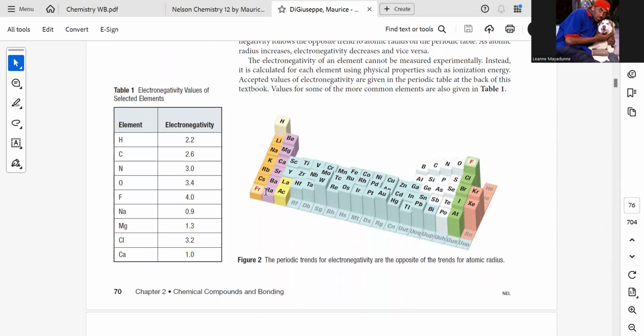Francium is the least electronegative element. Am I clear? Yes, I'm just writing it down. So this is the most electronegative, and this is the least electronegative.